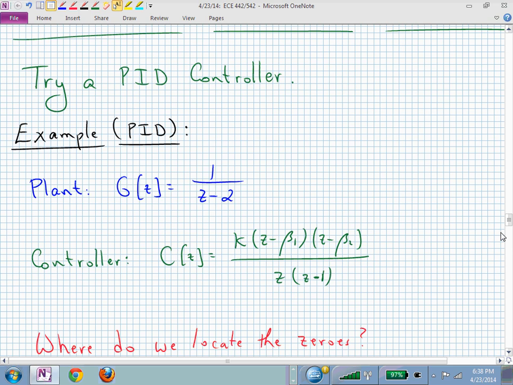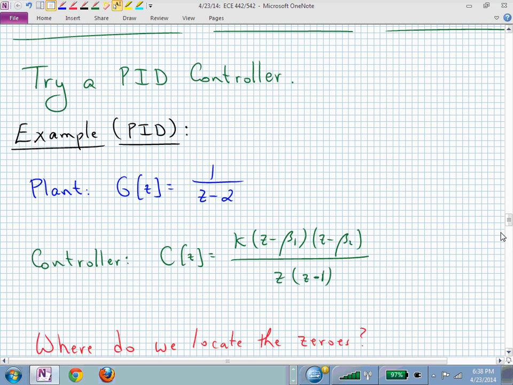So once you've designed a beta 1 and a beta 2 and a k, you would have to go back to the previous lecture and say, okay, how did the integral time, the derivative time, and the gain come into those three coefficients? If somebody gave you a PID controller that had three knobs, a proportional knob, an integral knob, and a derivative knob, you would want to back those gain values out of this final design.